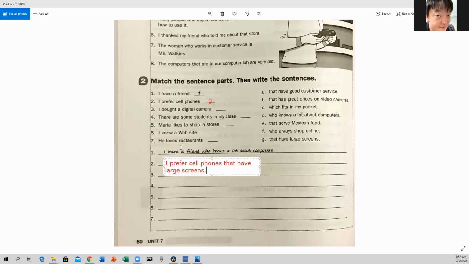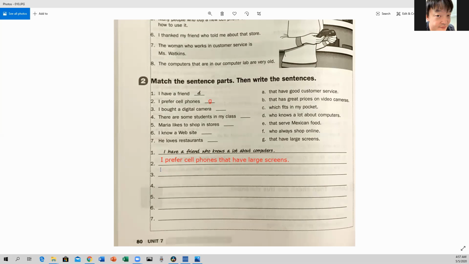Okay, and that's what you have to do. It's not a complicated exercise, it's just that it purposely, intentionally, has a lot of work. Okay, so now let's go to number 3.